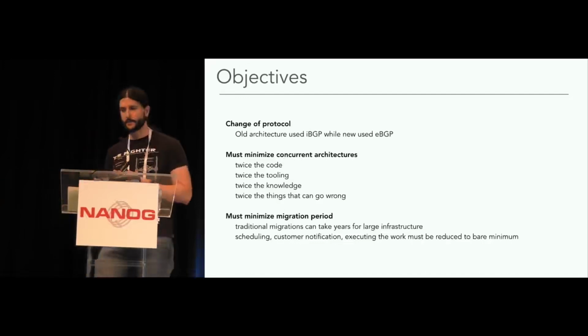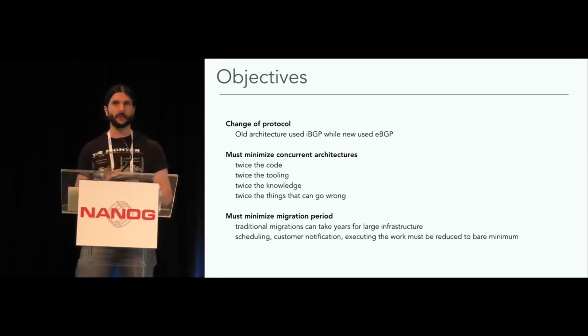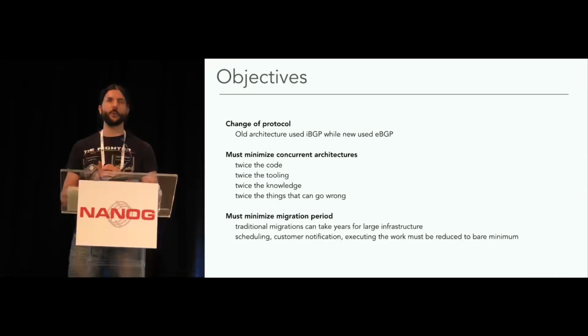And the main objective with this migration was to make sure that we weren't running multiple control planes, because that means that you have to maintain twice the code. You have to maintain twice the tooling as well. And you have to train people to be able to operate multiple different networks. And finally, if you have twice the things running in your network, it's just twice the things that can fail.